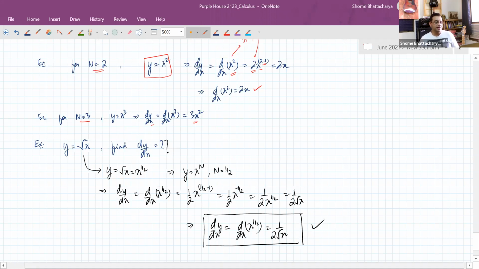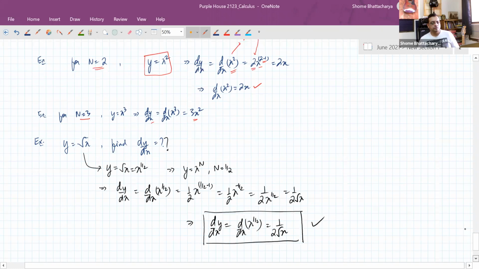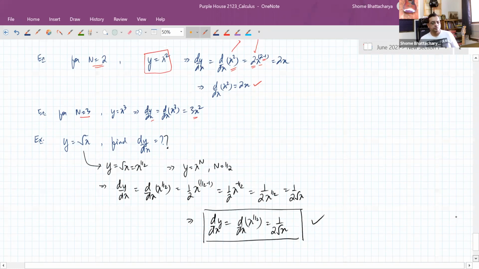It is 1 by 2 root x. So note down this example and try out these following questions next.